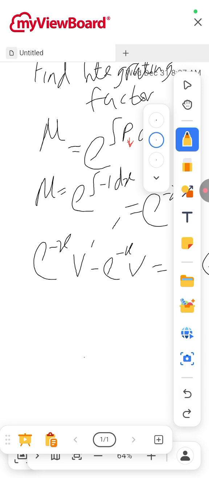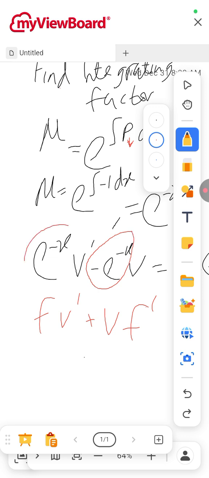This looks like the product rule: a function f multiplied by the derivative of v, plus v multiplied by the differentiation of f, because this minus e raised power minus x is the differentiation of e raised power minus x.